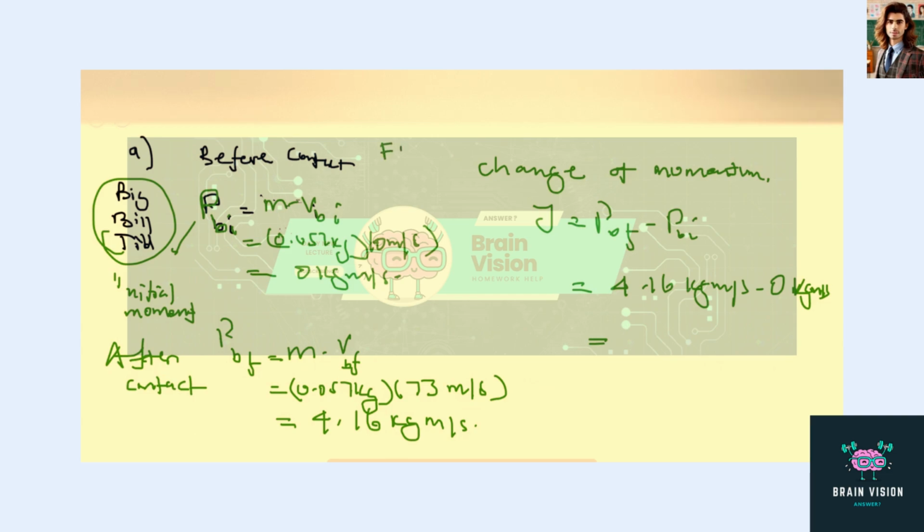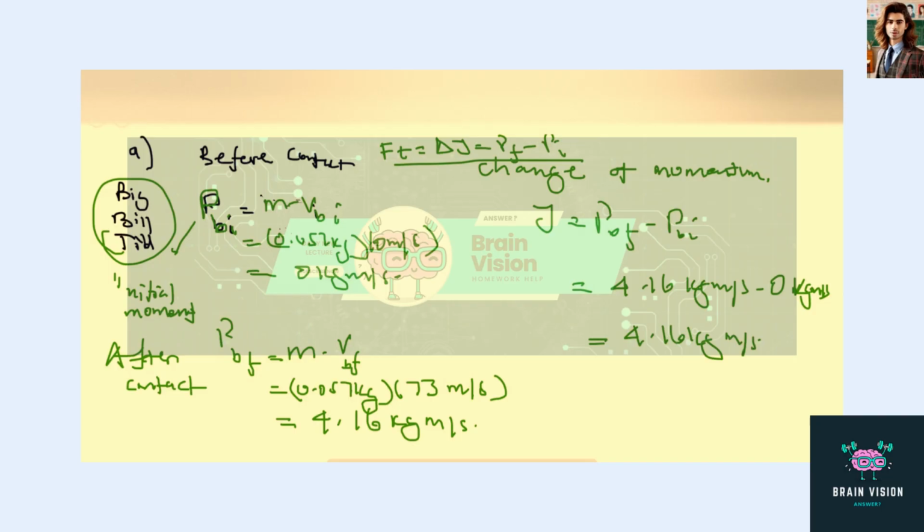Remember, impulse is Ft, and that's the same as change in momentum, or final momentum minus initial momentum. So that's where we're headed. That gives us 4.16 kilogram meters per second.